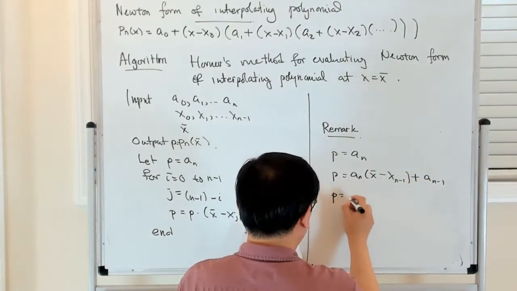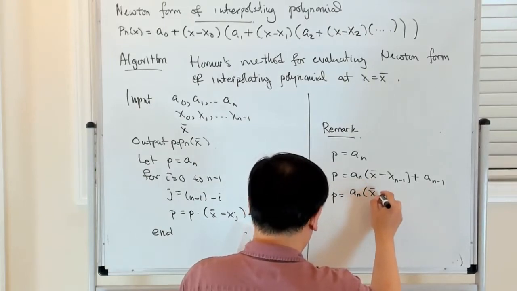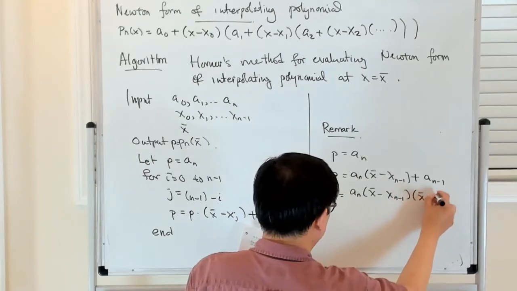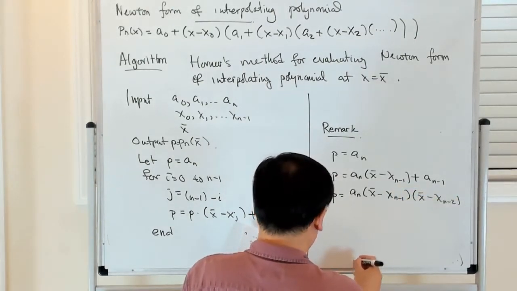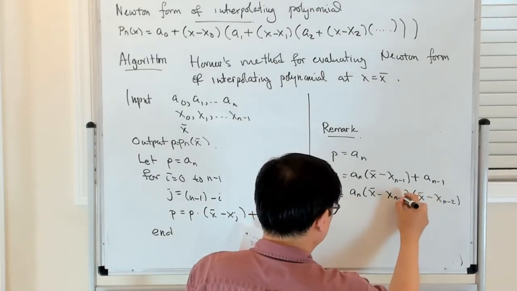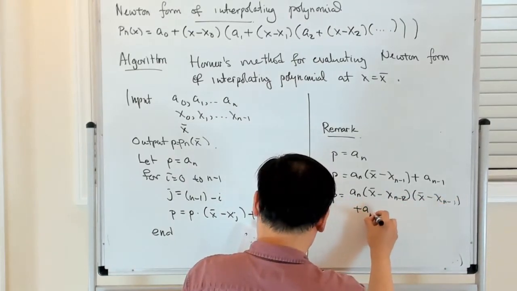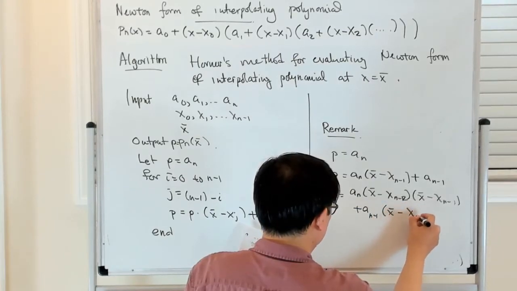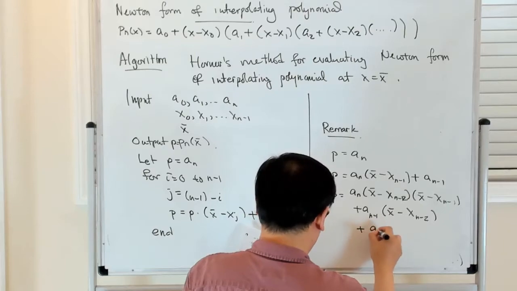Then p equals an times (x bar minus xn minus 1)(x bar minus xn minus 2), plus an minus 1 times (x bar minus xn minus 2), plus an minus 2.